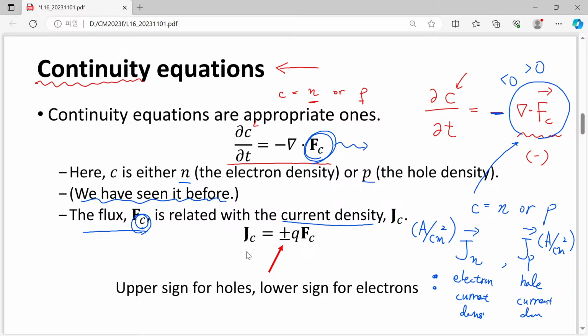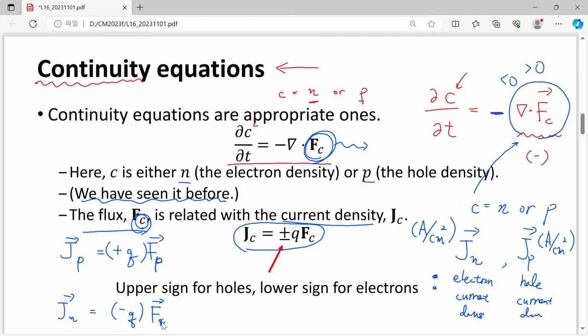Then we have the relation between these two quantities. Upper sign for holes and lower sign for electrons. So let me just write down: hole current density is just positive Q times F sub C, and J sub N, electron current density, is just minus Q times F sub C. Oh, sorry about that. C must be P here.